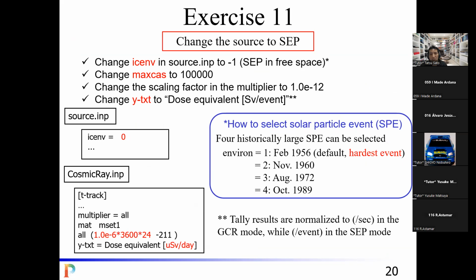And also, you can do the simulation for SEP by changing these parameters. But I think it's not so difficult to simply change the ICM parameter to negative and the environment parameter to 1, 2, 3, or 4. So everything is written in the manual. So please check how to make solar energetic particles instead of galactic cosmic rays.